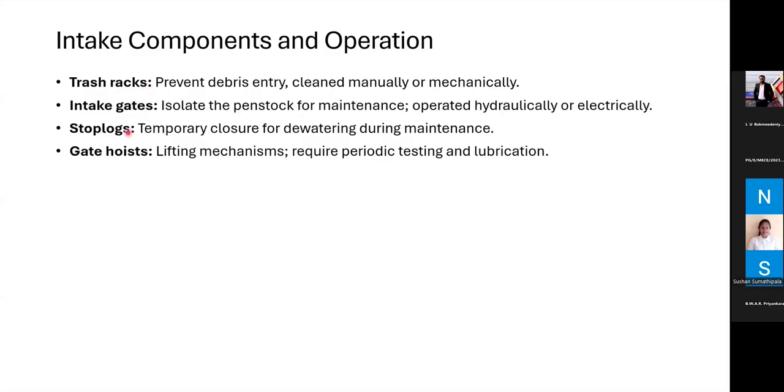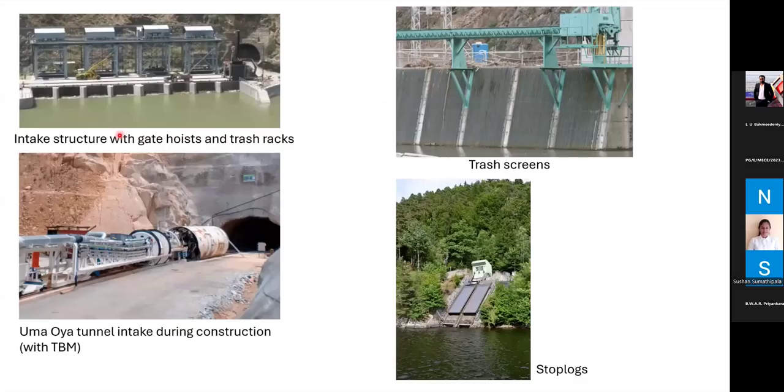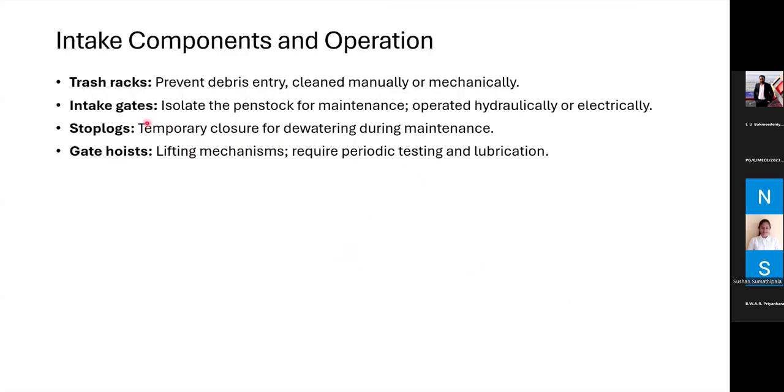For example, if we say we are not going to need maintenance work in the tunnel for about 30 years, we could forget about the trash screens, gate hoists, trash racks and the stop logs, and say we will deal with them when we want to dewater the tunnel. But by that time, these intakes and stop logs might be so degraded that they cannot even be repaired.